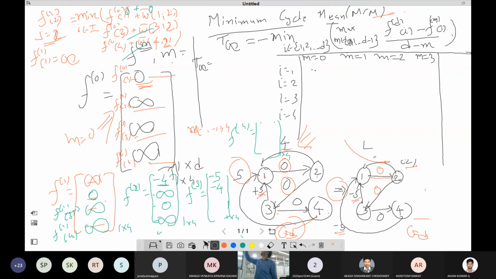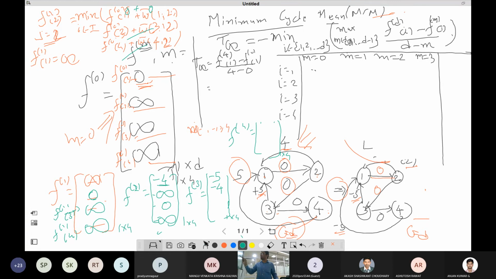T infinity, f of D. f of D means f of 4, with i equal to 1 and m equal to 0. So f of 0, 1 divided by 4 minus 0. For f of 4, now you will have to tell me this element. What are the other elements? What is your f of 3?